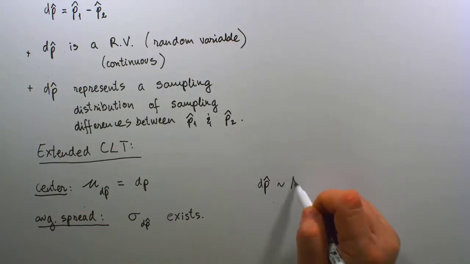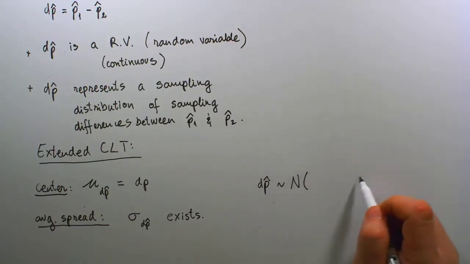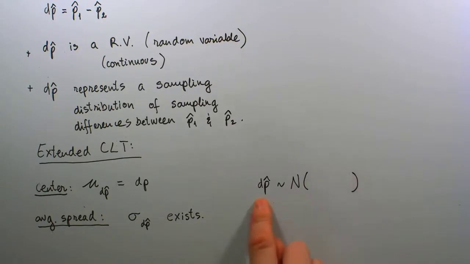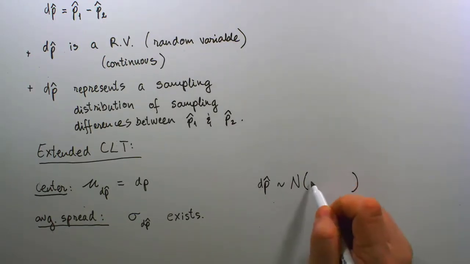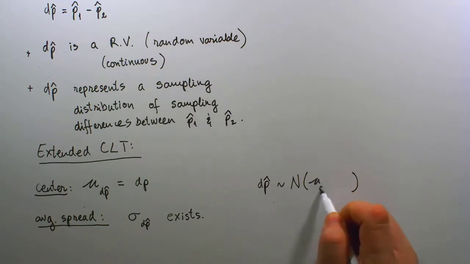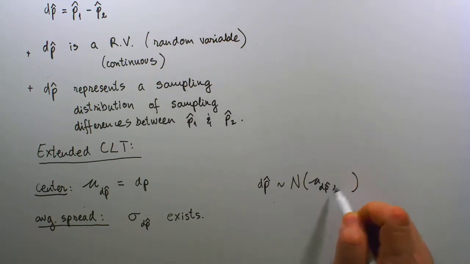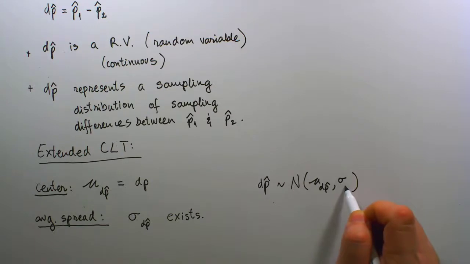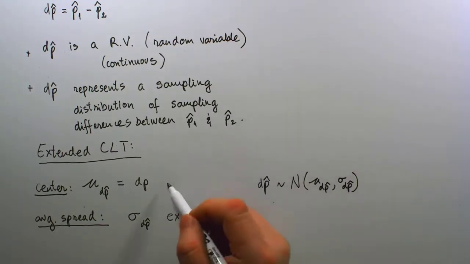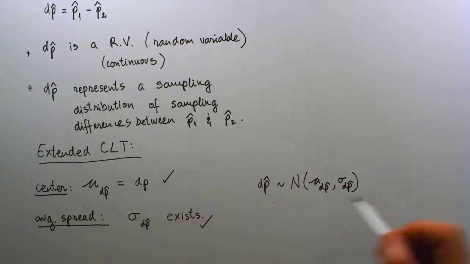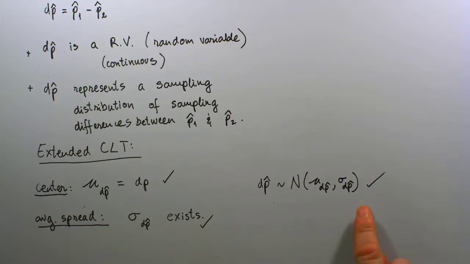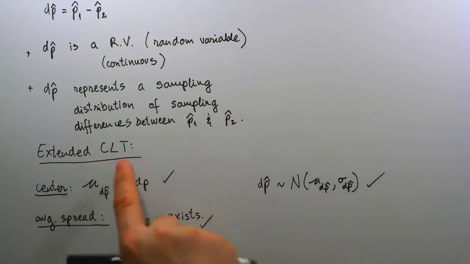So we can just usually assume that we're working on a bell curve for this random variable dp hat right here. And that bell curve would take center being mu dp hat and spread sigma dp hat. So these are the three important results that are guaranteed by the extended central limit theorem.